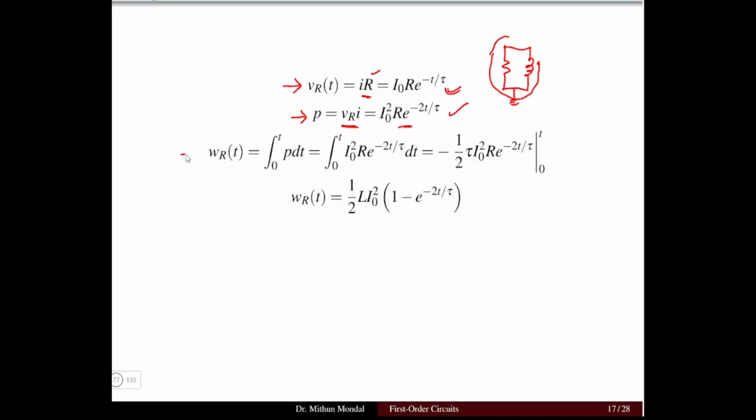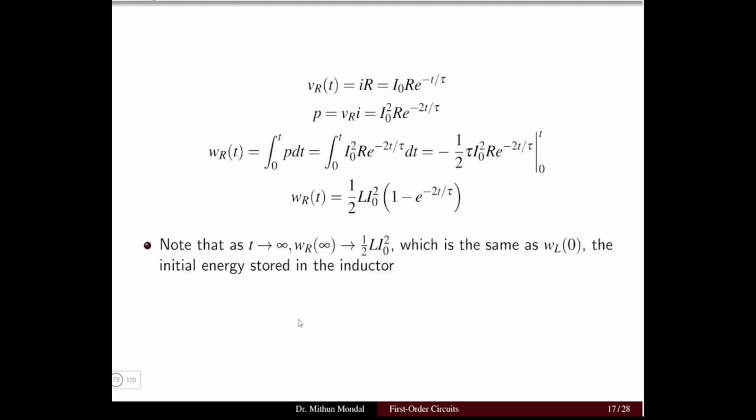Whereas the energy dissipated by the resistor from the instant 0 to t is the integral of the power equation p dt, and you get half L I naught square into 1 minus e to the power minus 2t by tau. So what we note from this equation is that when time reaches infinity, the energy of the resistor is equal to half L I naught square.